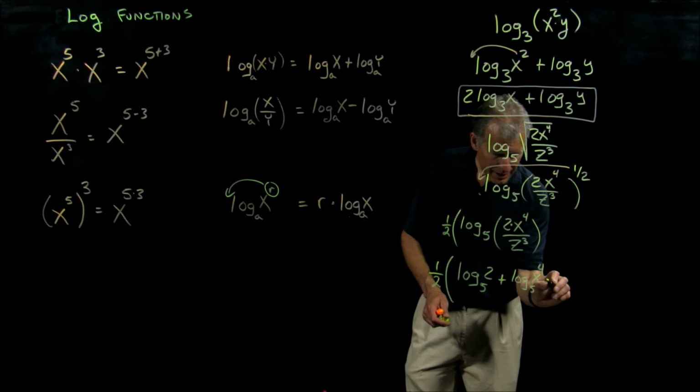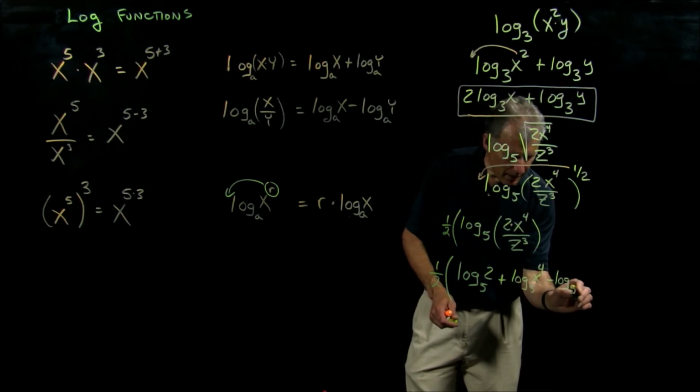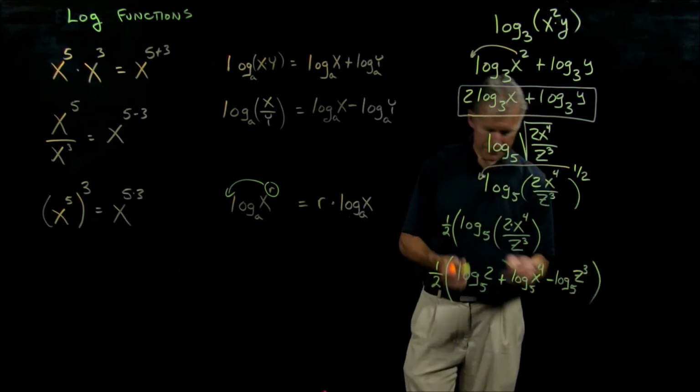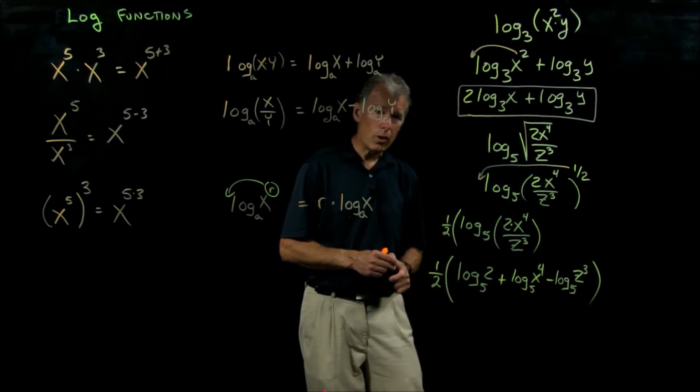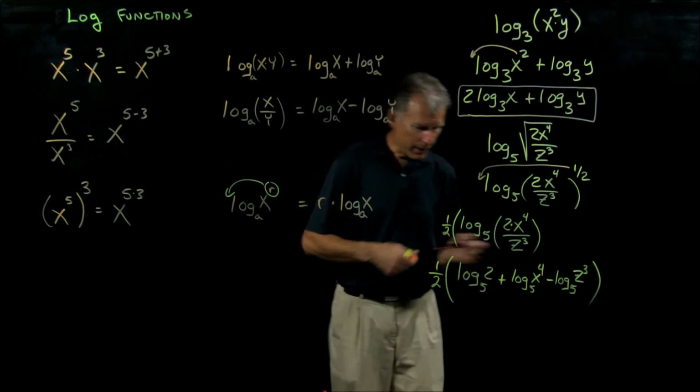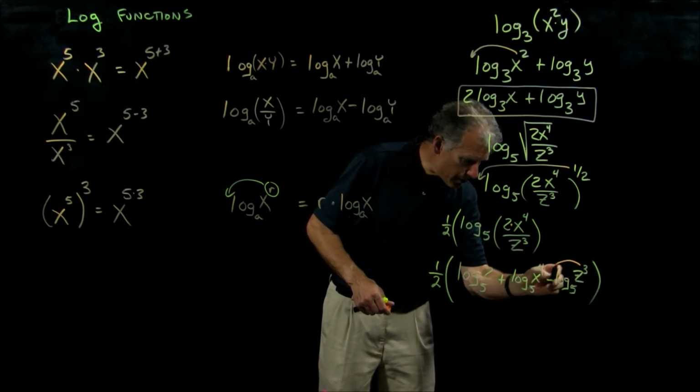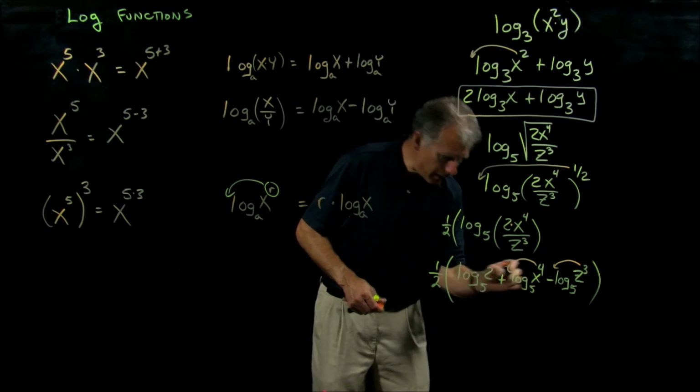Divide is the same as saying subtract, so I'll do log base 5 of z cubed. Okay, and then one more thing to expand it a bit more is we do have these exponents, so we're going to bring those up in the front.